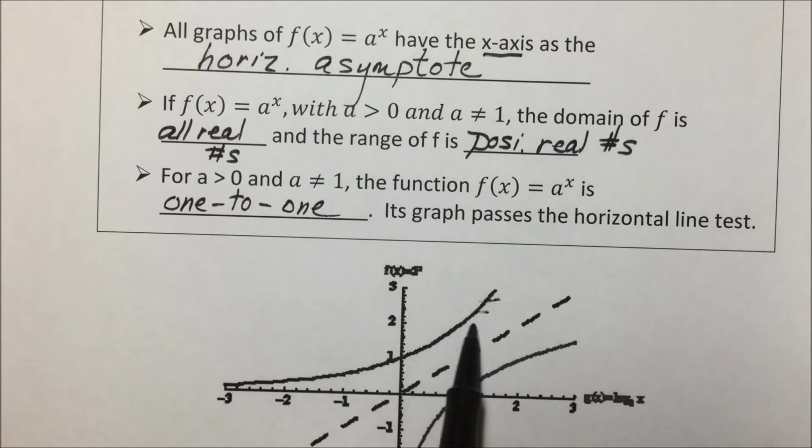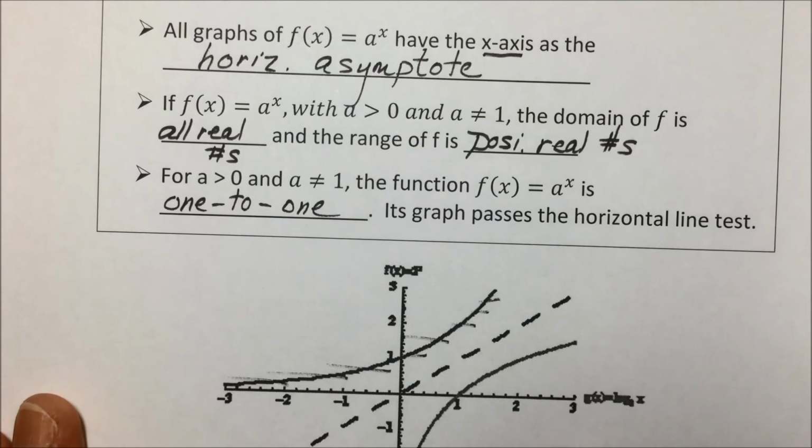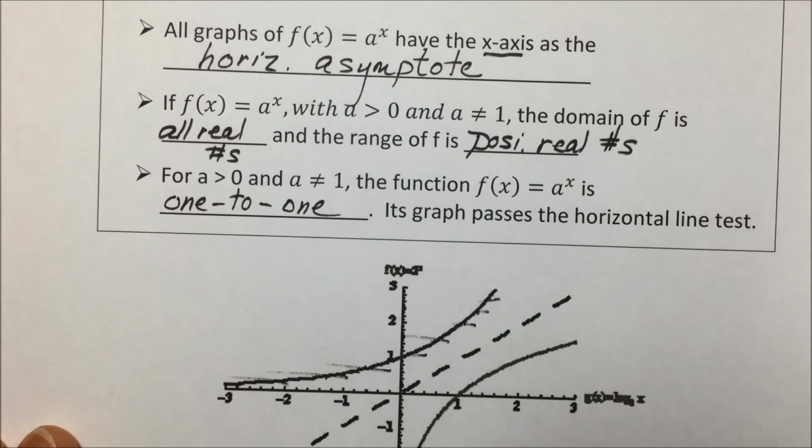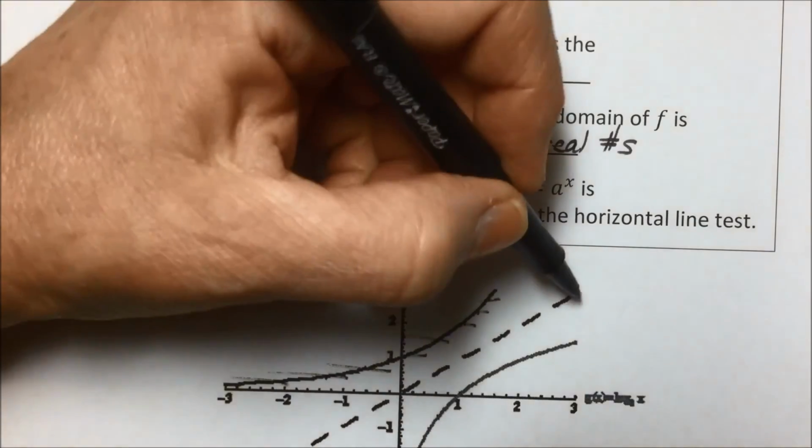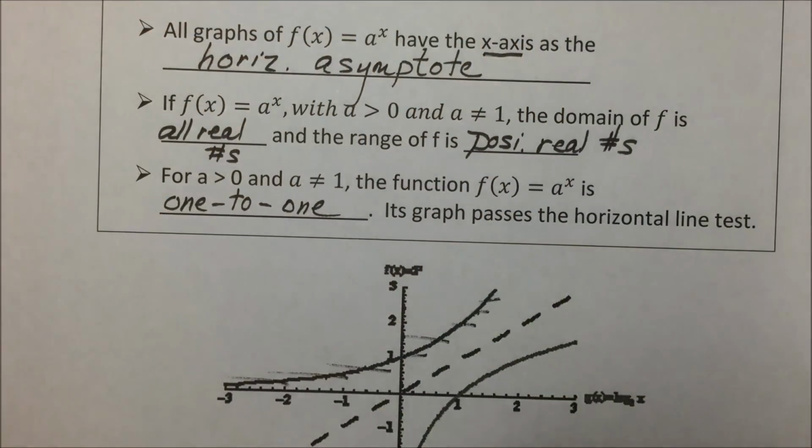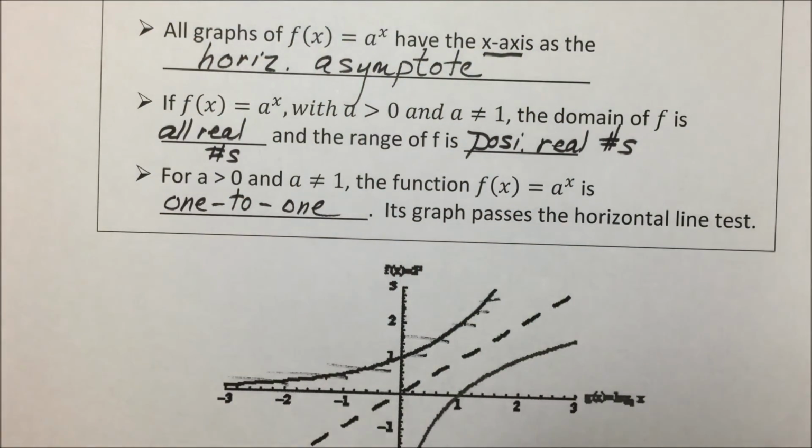It's passing the horizontal line test, which we use to determine a 1-to-1 function. Because it only contains one point on each of those horizontal lines, that's proof that the function does have an inverse, and reflecting it about the y equals x line is giving us the inverse of this function.